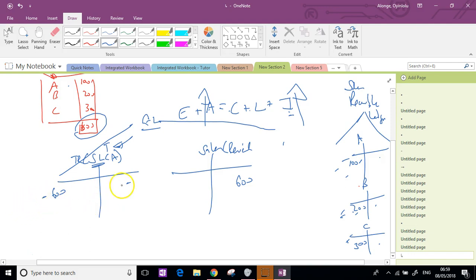Of course, this is a net situation. Imagine this had been a gross situation. Then I would have divided 600 by 1.2, which would have been 500.